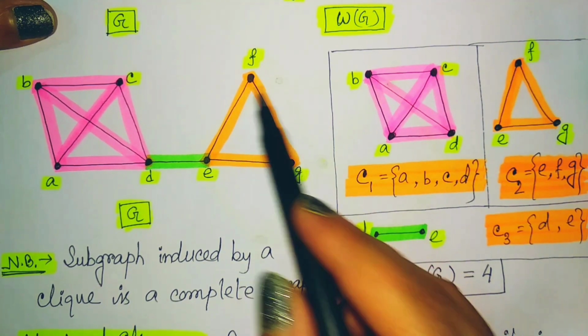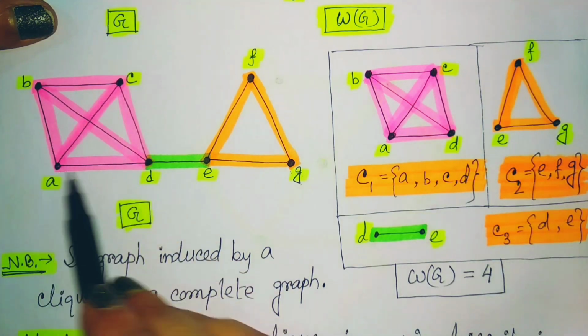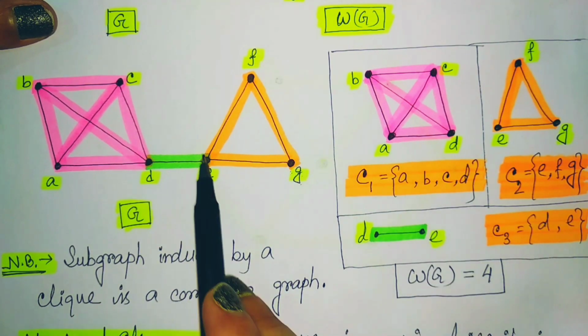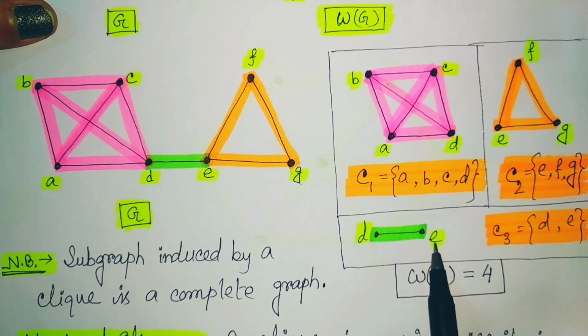This one individually is a maximal clique, this one individually is a maximal clique, and this one individually is a maximal clique, because none is a proper subgraph of any other clique.